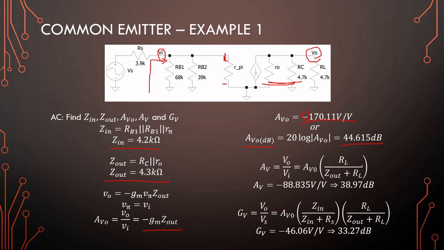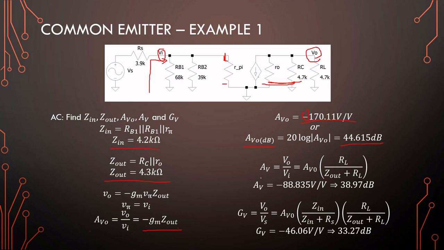So if you do a frequency analysis, you can then just see the log scale or the dBs and verify your gain from there on. Okay, so there are the three basic parameters that you need to determine.